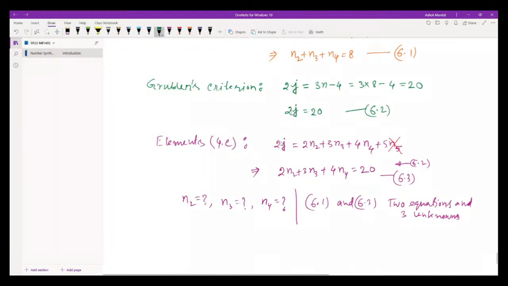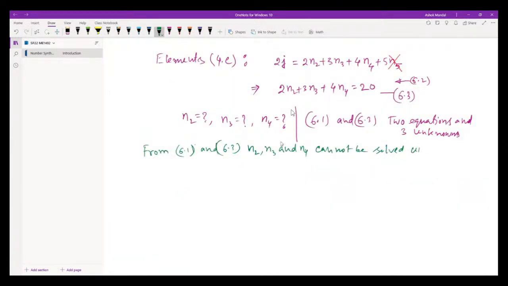So from 6.1 and 6.3, what we can say is n2, n3 and n4 cannot be solved uniquely.